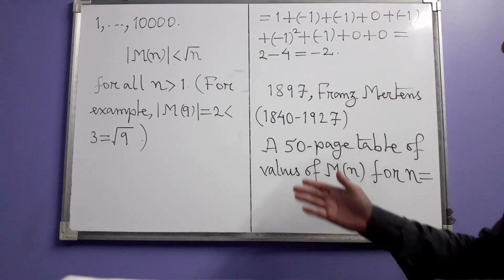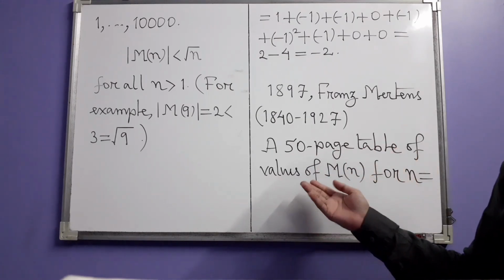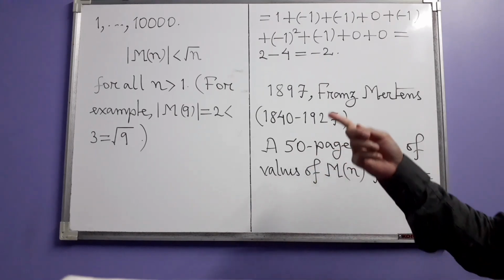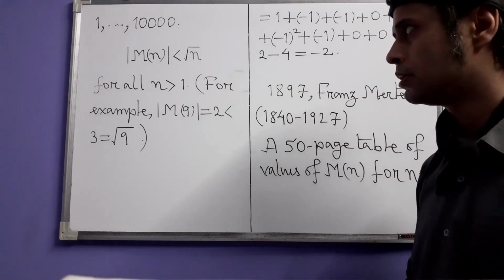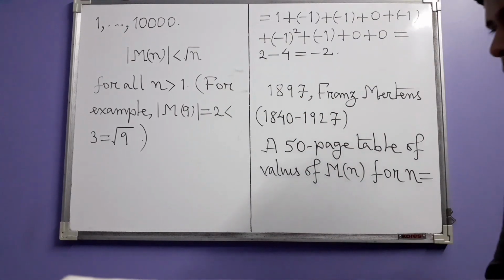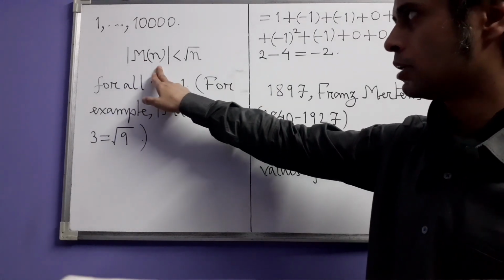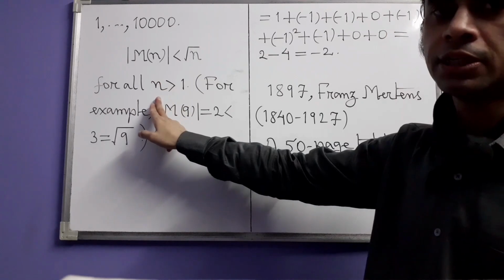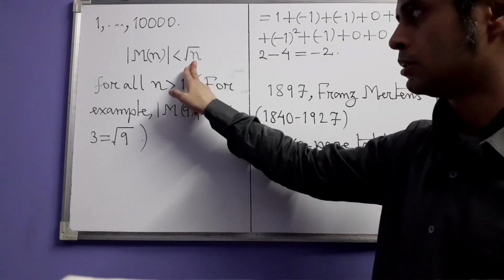He published a paper in which there was a 50-page long table of values of M of n for n values starting from 1 and ending at 10,000. And based on these values, he made this conjecture that the absolute value of M of n for any positive integer n greater than 1 is less than the square root of n.